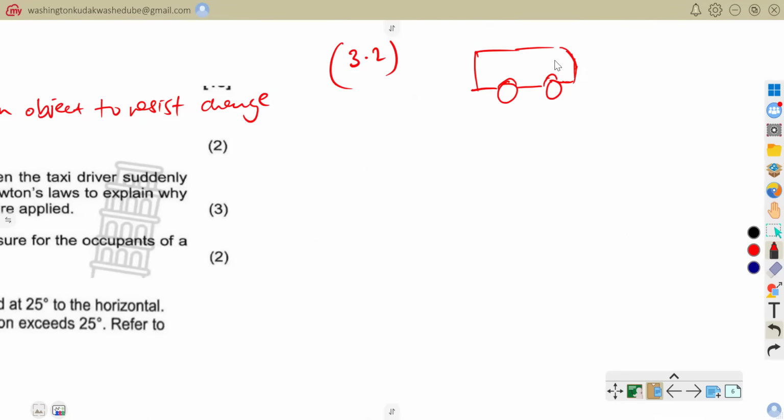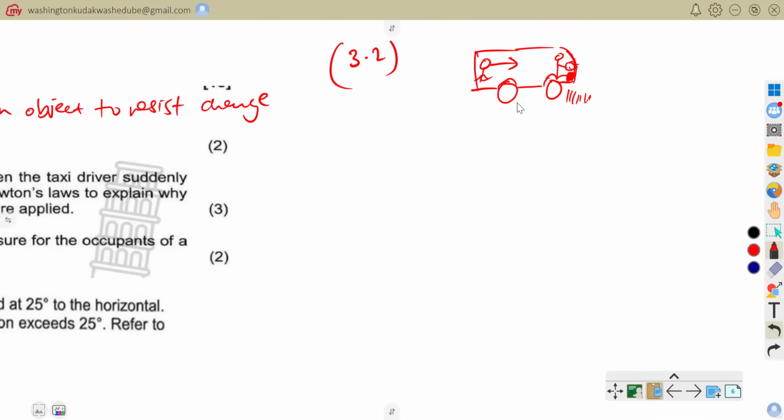So let's say this is a taxi, this is your driver, and this is a passenger, maybe seated on the back seat or next to the driver on the passenger seat. They are asking, why is it that when the driver slams on the brakes, the car comes to a stop, but the passenger continues moving?